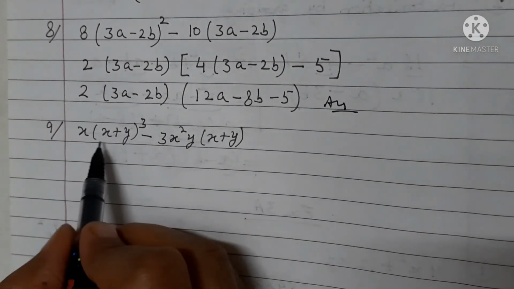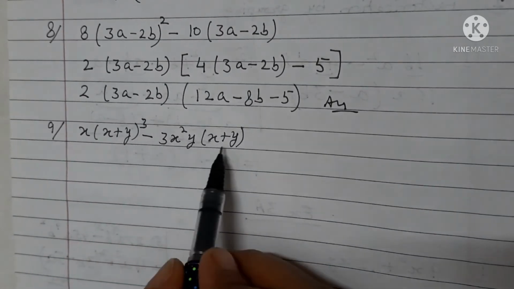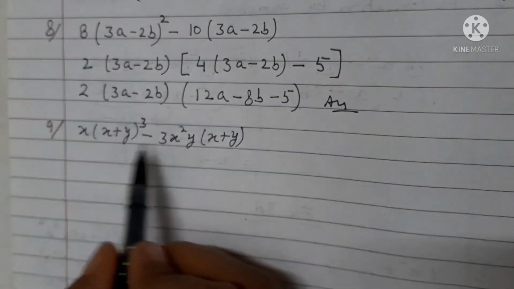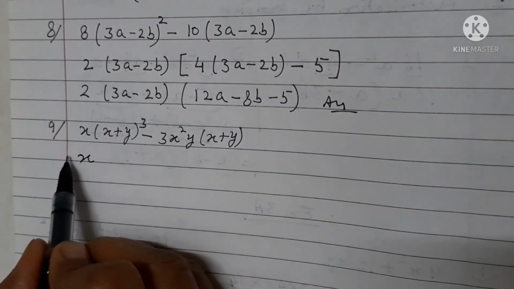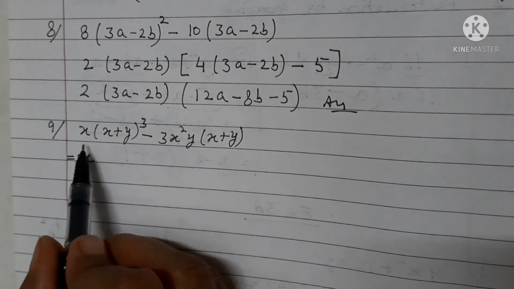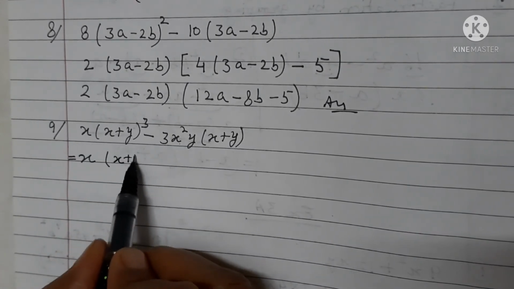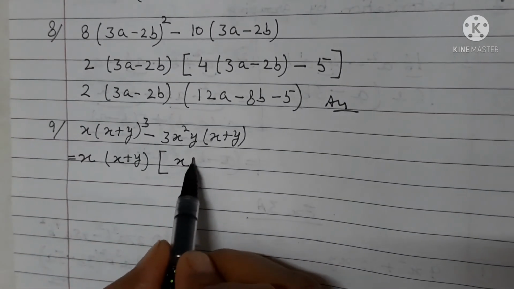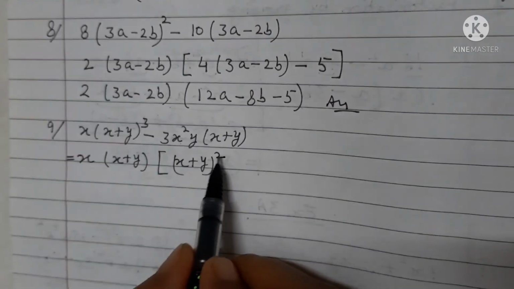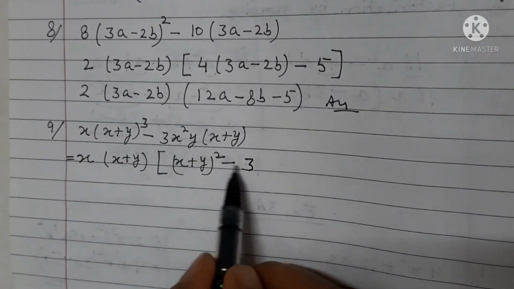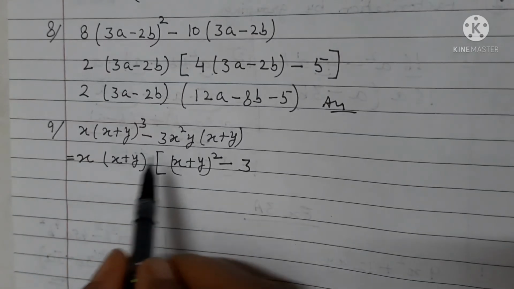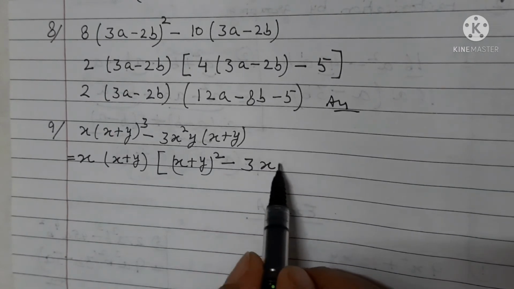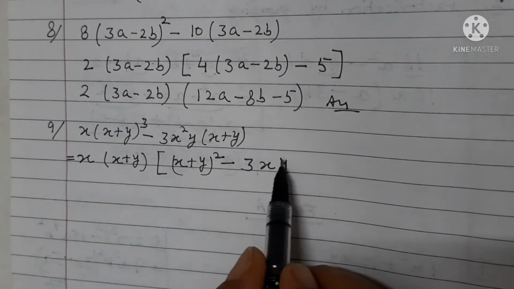This is the answer. Now (x + y) whole cube, and here (x + y), and this x you will take as common, so write down x as common, (x + y) as common, and remaining (x + y) whole square minus 3, 1x you have taken out common, 1x remaining here, so x and y, this part also taken common.